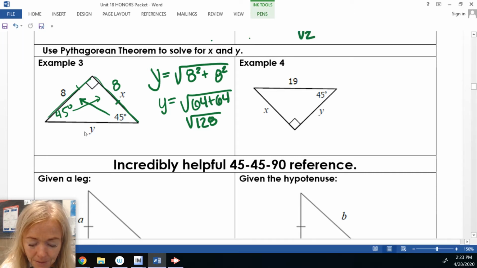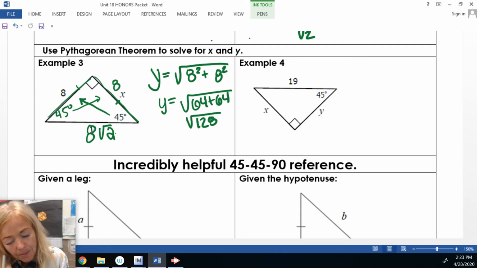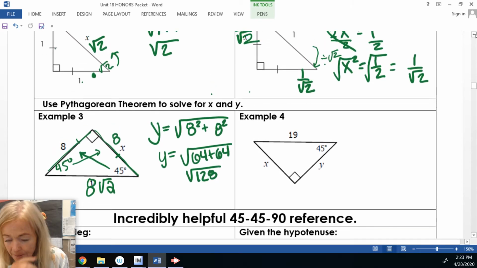Every time I do that, I lose my pen. 8 radical 2. I have 2 sides that are 8 on a 45, 45, 90 special right isosceles triangle, and the hypotenuse is 8 radical 2. Well, that's kind of similar to if the 2 sides are 1, the hypotenuse is 1 radical 2. Now if the 2 sides are 8, the hypotenuse is 8 radical 2.